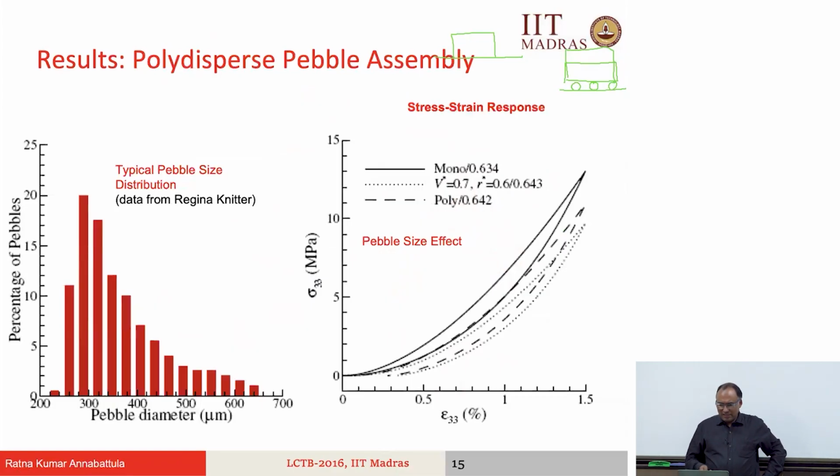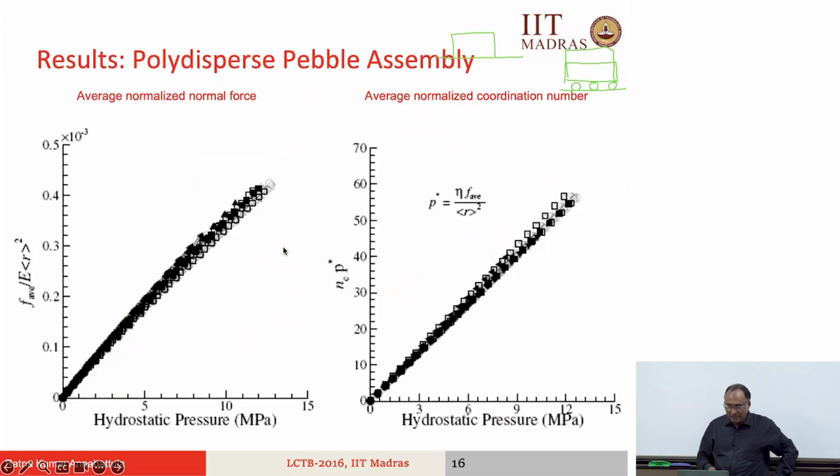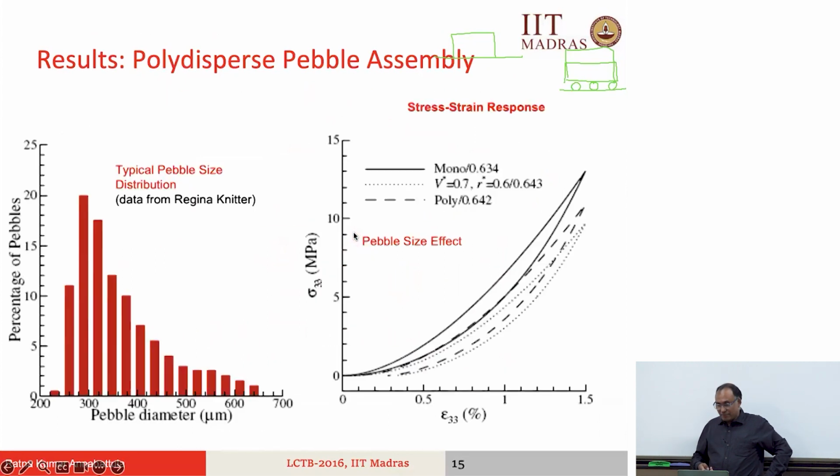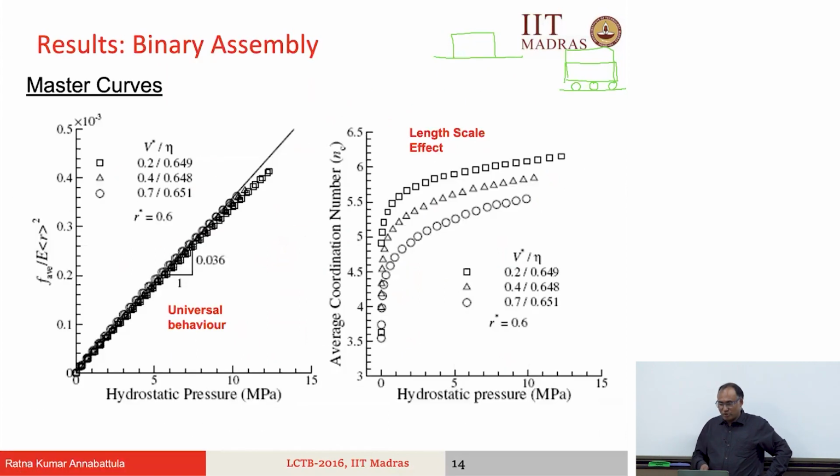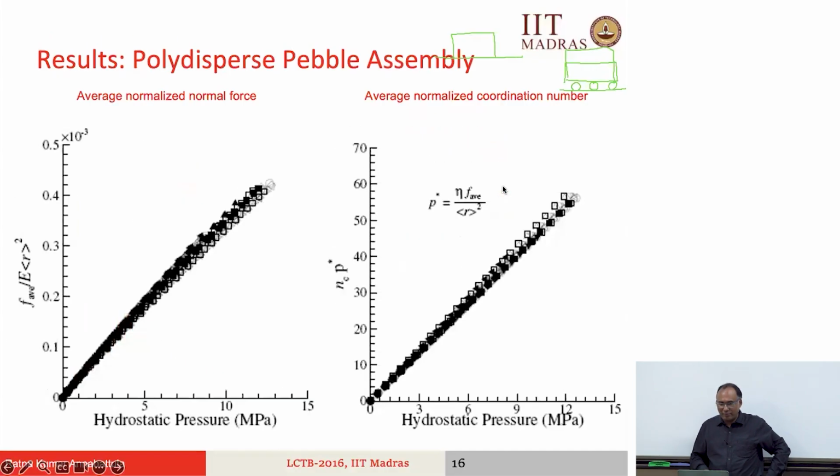And a similar thing is done for a polydisperse assembly. Previously we have seen average coordination number showing different behavior, right? Now for a polydisperse assembly, we have an average normalized force, average normalized coordination number, NCP star. When we plot these things, again we have universal curves, so that you can use them as design guidelines.